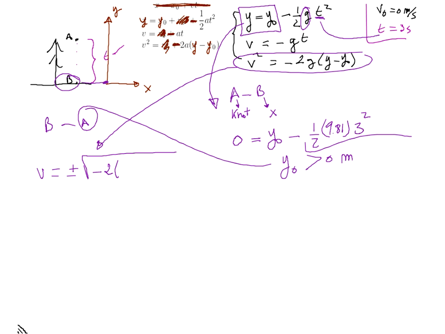Excellent. Always positive 9.8, Cynthia. Thank you. What are we going to put for Y? Oh yeah, 9.81. Y refers to the position of which point? A or B? Final or initial?